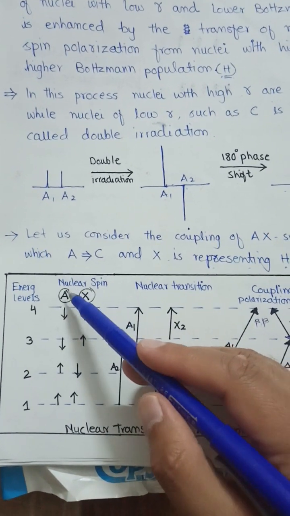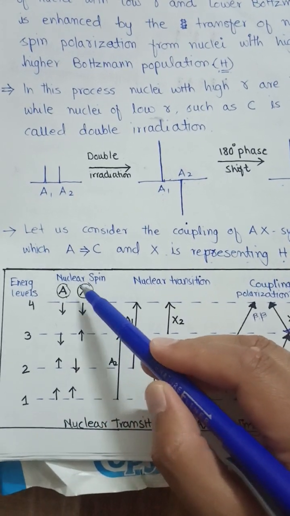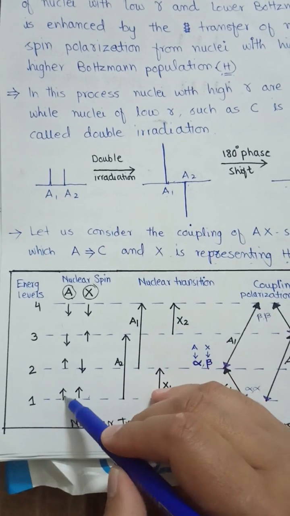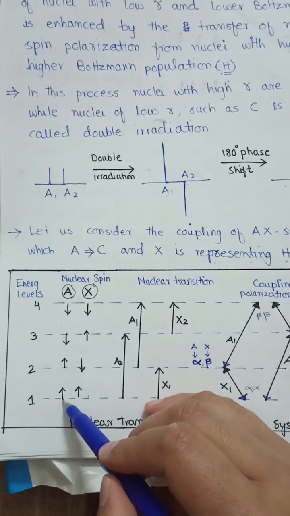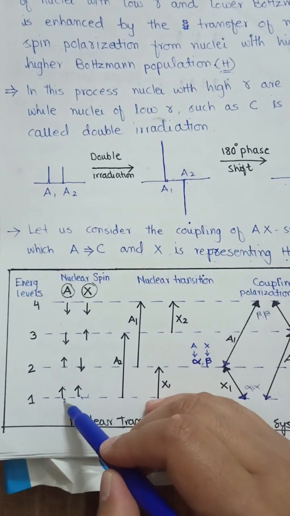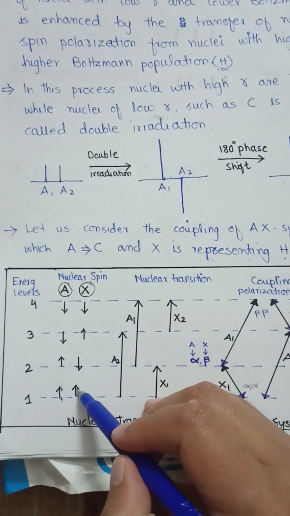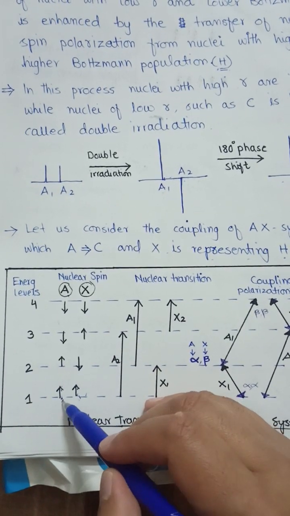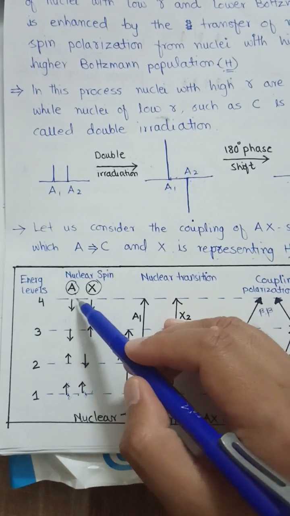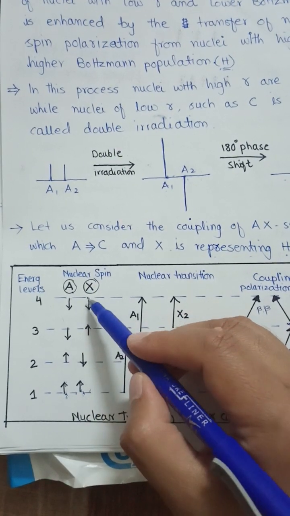So here we consider the AX system where A is the carbon and X is the proton, and these are the nuclear spin levels. If we look at the energy levels, at the lowest energy level both are in the same spin, along the external magnetic field, that is the alpha spin state. At the higher energy level, the fourth, both are in the beta spin state.